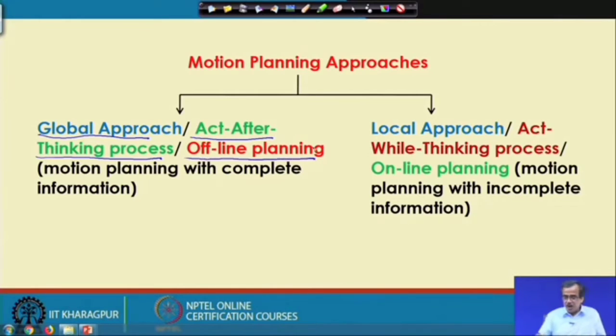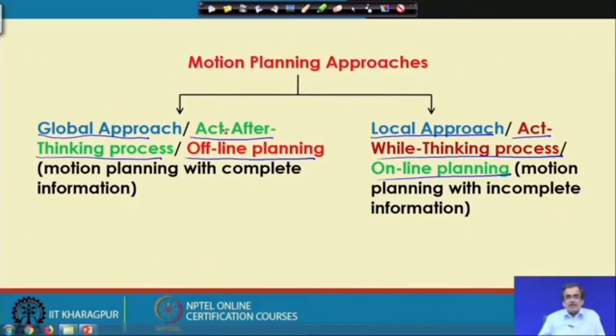Okay. And we have another, which is called the local approach, the act-while-thinking process, or online planning. Now, if the environment is known, if we have a structured environment, then we can go for some sort of global planning, global approach, or offline planning.